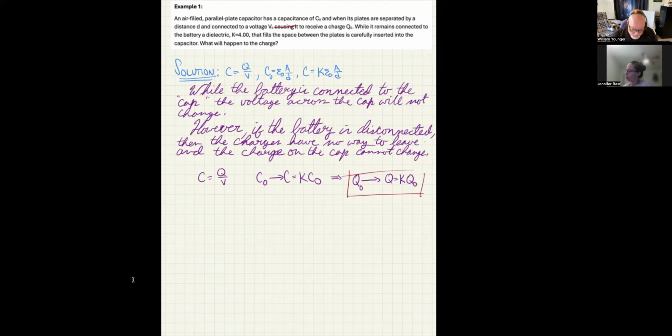All right. Now let's try another example. It says if the air-filled capacitor C0 from the previous example is charged Q0 and then disconnected from the battery V0 and the same dielectric is inserted, what will happen to Q, C, and V? Okay, notice this time they said the battery is disconnected. So I'm going to underline that.